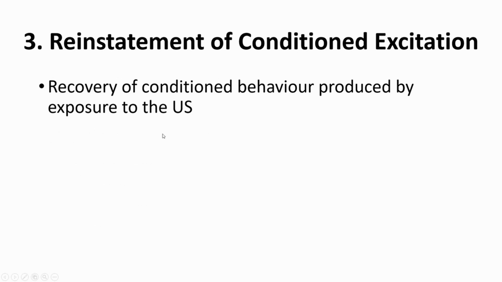So reinstatement is the recovery of a conditioned behavior that's produced by exposure to our unconditioned stimulus. An example of this would be, say that Mary is afraid of dogs, and she successfully completes exposure therapy and her fear of dogs is extinguished. She's able to go places where there are dogs and she doesn't feel afraid.